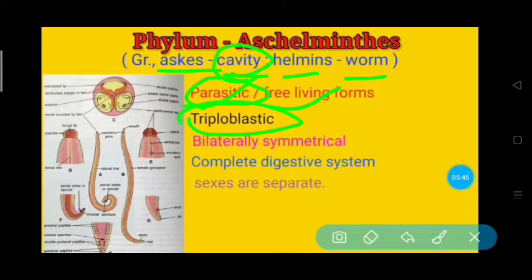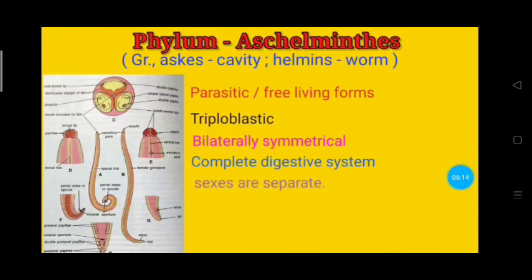These are triploblastic, means their body wall is made up of three germinal layers. Tri means three. These are also bilaterally symmetrical, means we can divide this organism into two equal parts. They have a complete digestive system, and sexes are separate, means male and female organisms are there.